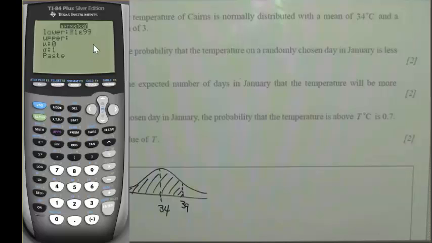Because this problem wants less than 39, we don't have a lower bound, but we do have an upper bound, which is the 39 degrees. And once we have that entered, we can enter into the calculator the mean, standard deviation, and let the calculator work that out for me.